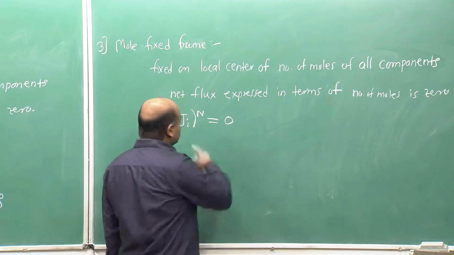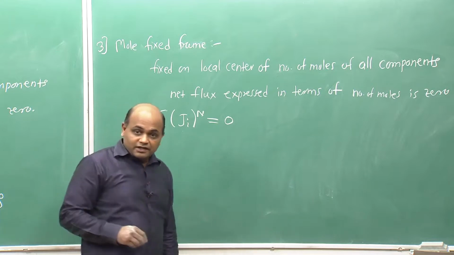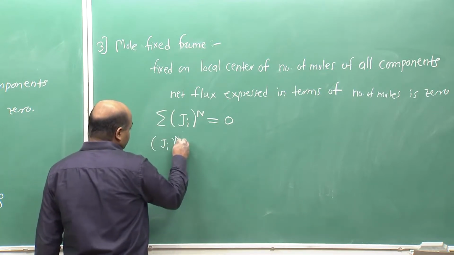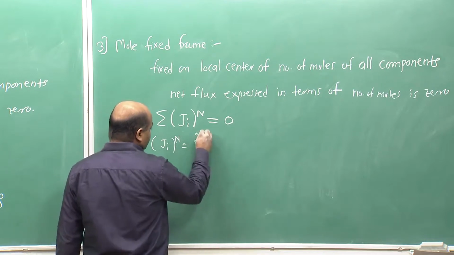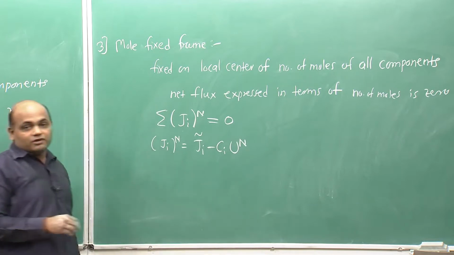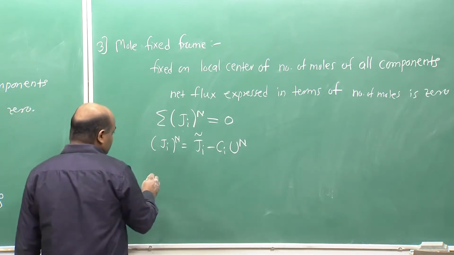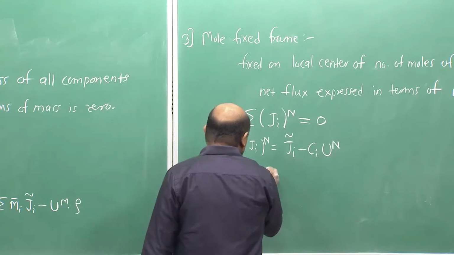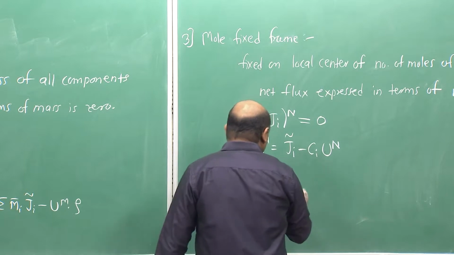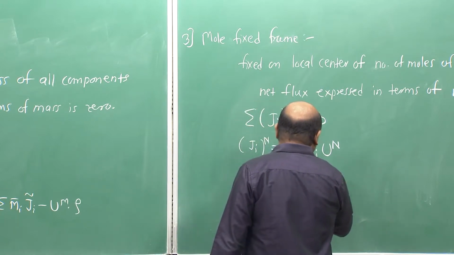So, this we know J I n is equal to J I tilde minus C I U n, where U n is the velocity of number fixed frame, and if we take the summation, we will get sigma J I tilde is equal to U n times sigma C I.